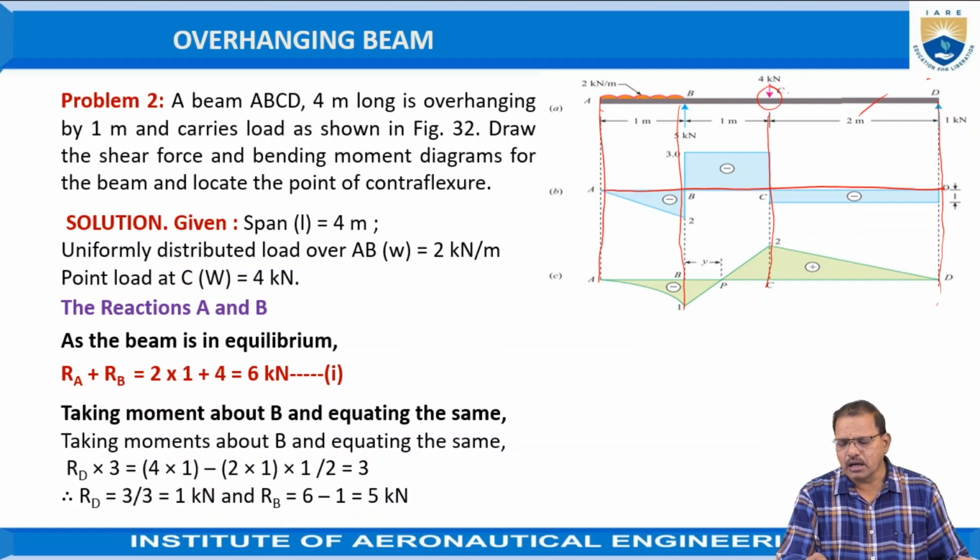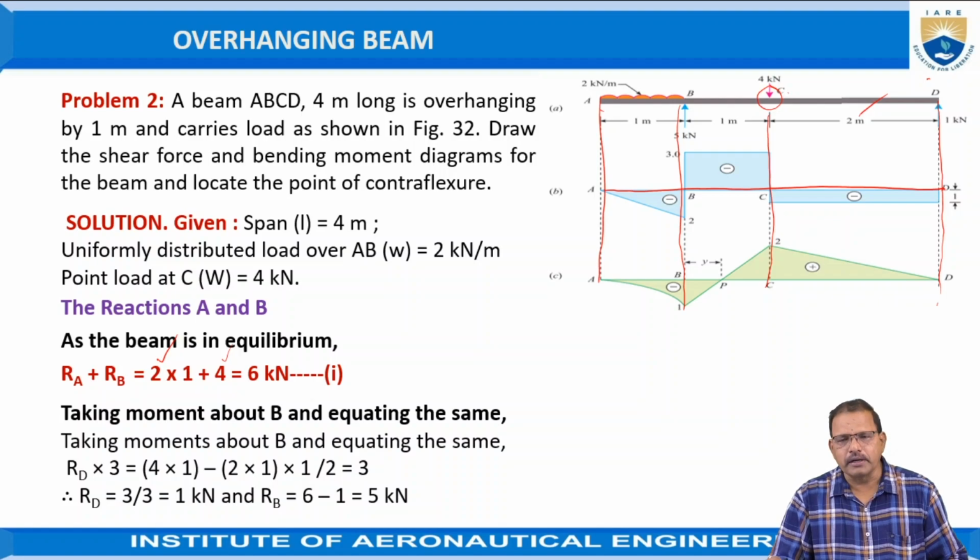In other words, RA plus RB, both reaction forces acting upward, should be equal to 2 into 1, the uniformly distributed load, and 4 kilonewtons, the point load, which is equal to 6 kilonewtons acting downward. So RA plus RB is equal to 6 kilonewtons.